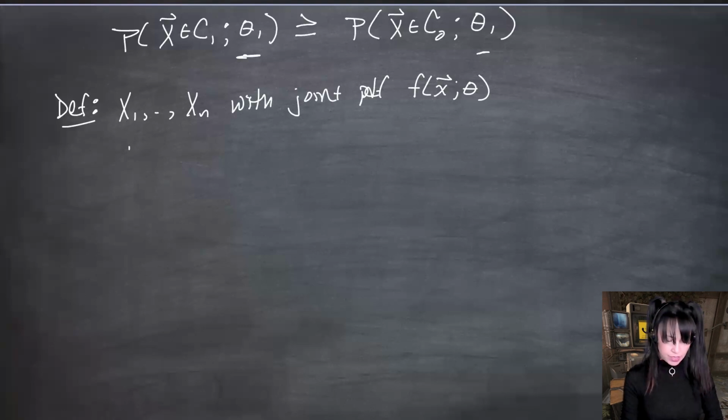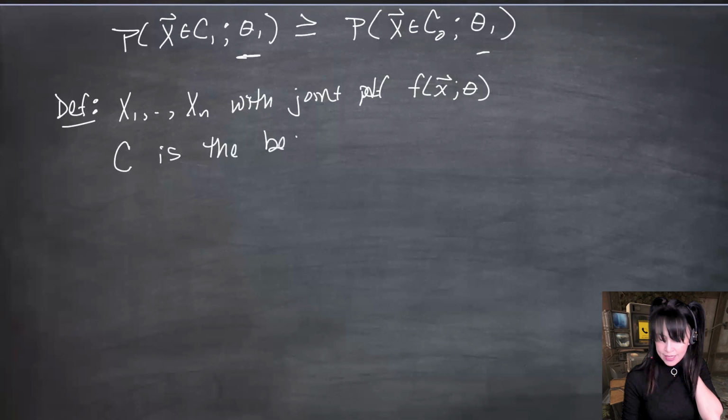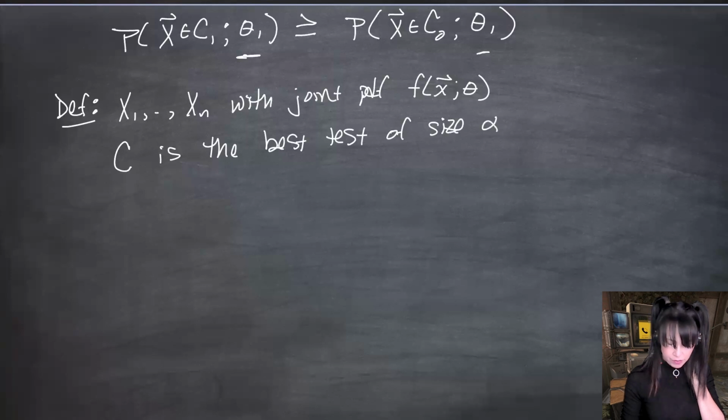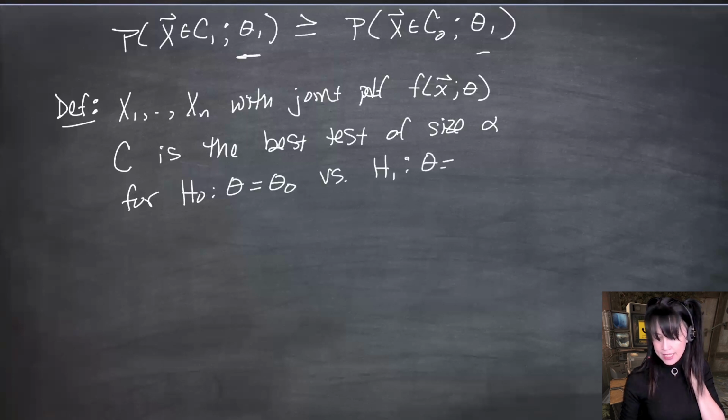So let's say C is the best test of size alpha for the simple versus simple hypotheses, theta is theta naught versus theta is theta 1. And maybe you want to call this C star, it's the best, put a star on it.